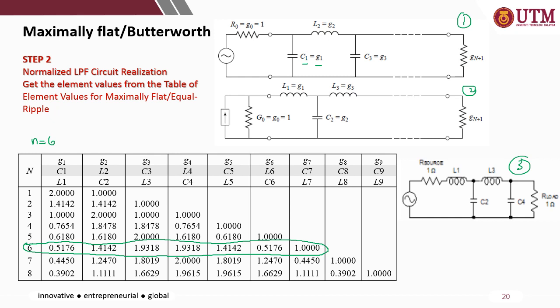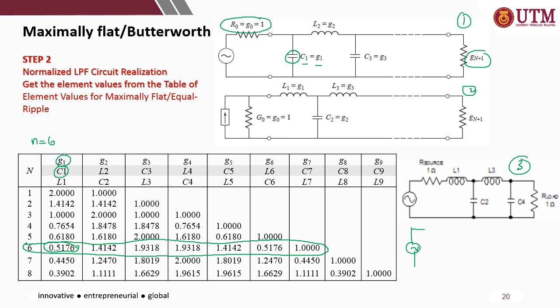So in this case, if you use the first configuration, the first one is a capacitor. The first value is G1 for the capacitor, which is 0.5176. Let's draw this one. If n equal to 6, the first component, the resistor and the load, will always be normalized to 1.